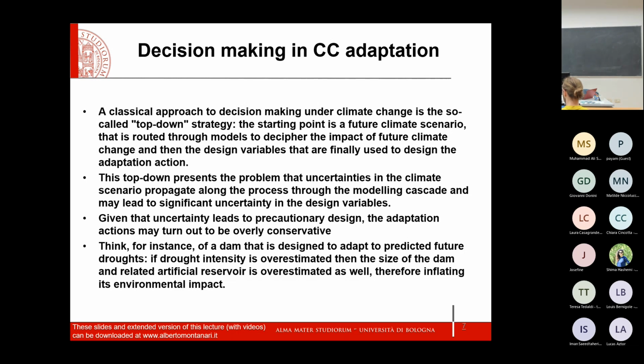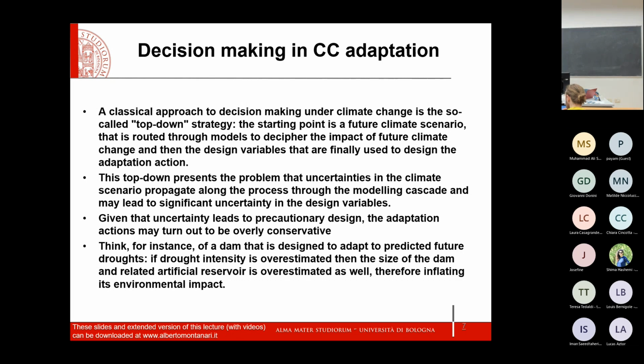On the other hand, for technical design, if we are overly conservative, it means that the cost of the intervention is overestimated, is inflated, and it implies that often no action is taken because we overestimated the cost and the required resources, and there are no resources for making adaptation. This is the problem of the top-down approach. Being overly conservative in engineering is a problem. We have to avoid overestimation.